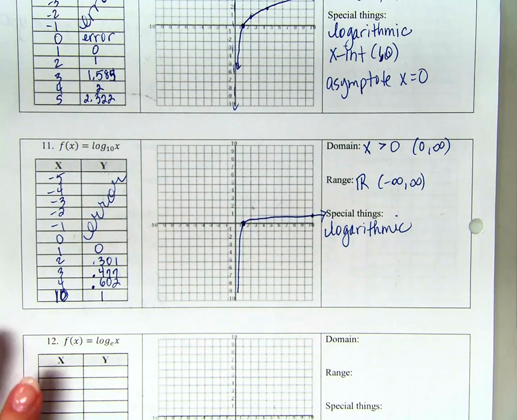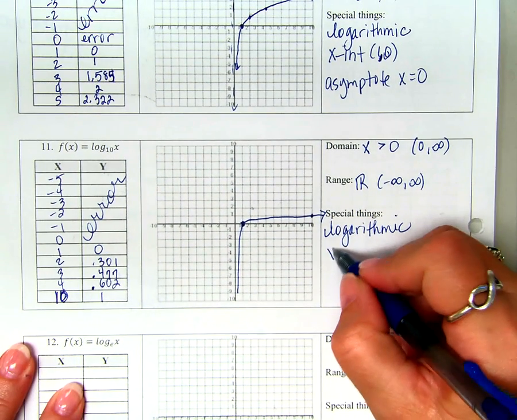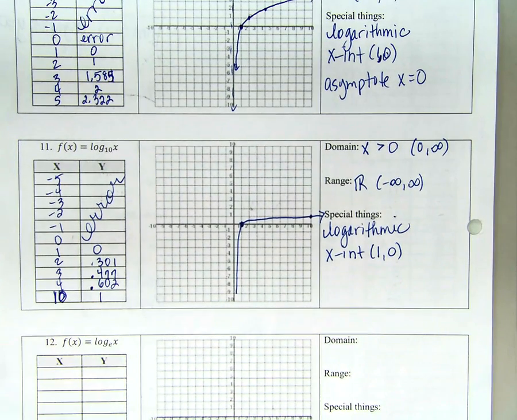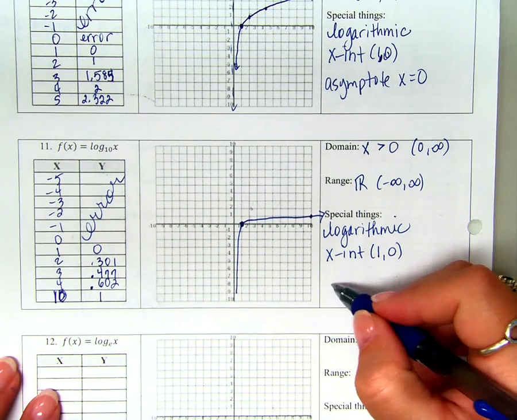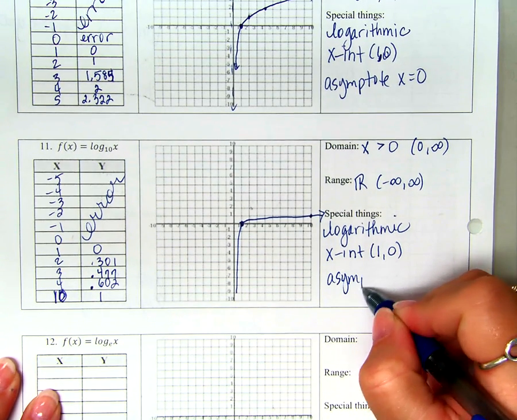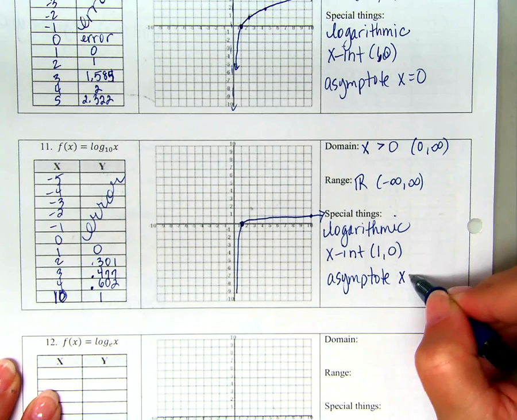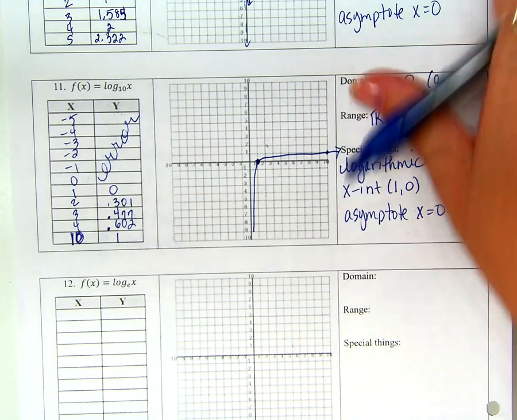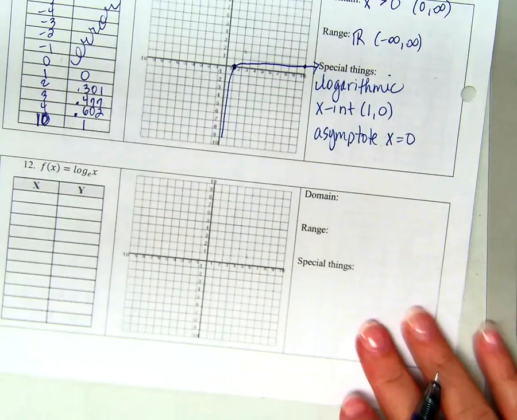X and Y-intercepts? X-intercept at (1, 0). No Y-intercept. Is there any symmetry? Is there a minimum or maximum? No. Is there an asymptote? Okay, where? Last one.